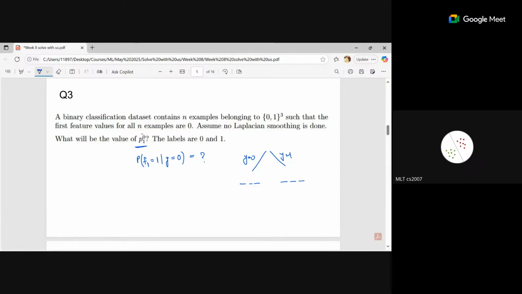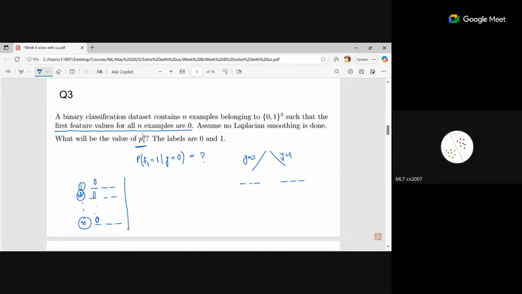What additional information is given to us here is that the first feature value for all the n examples is 0. So this is all 0.